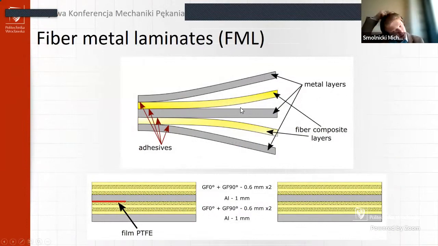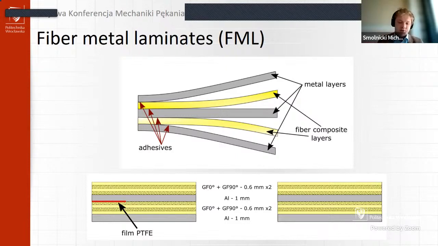First, the idea of the material. In this research that I will present the results of, the data was obtained on fiber metal laminates. So maybe just a few words, because it's maybe not the most common material. It's basically a layered composite, which consists of layers of metals and also classic fiber reinforced composites.